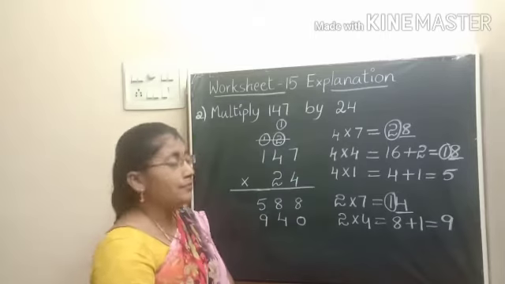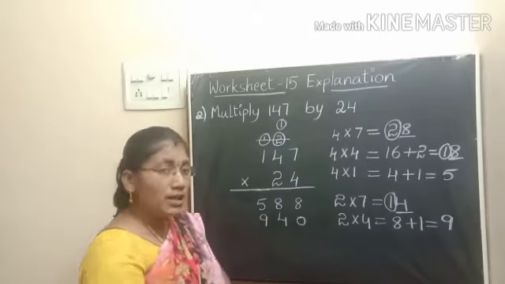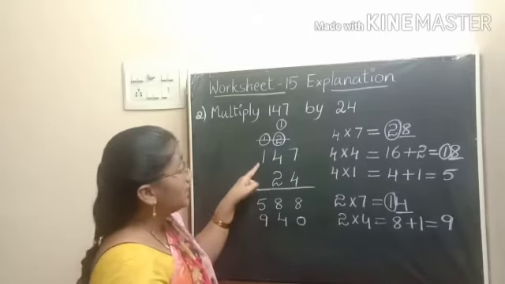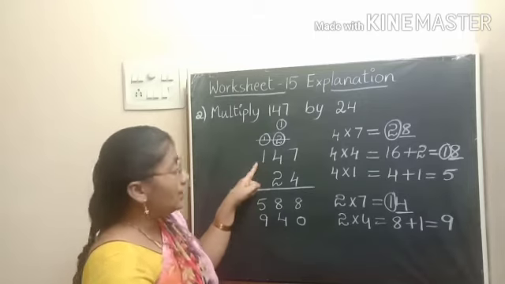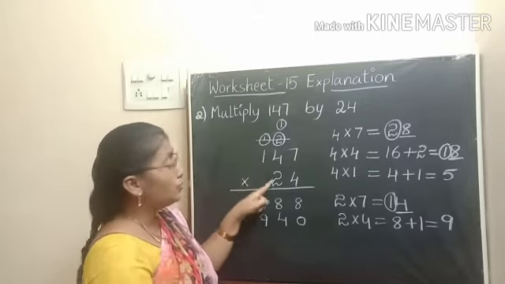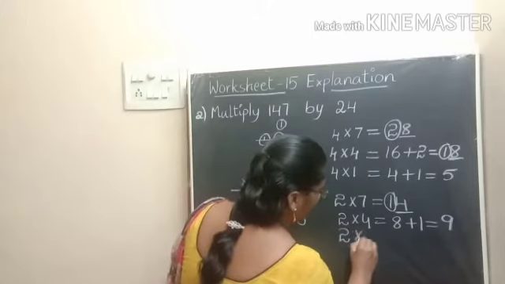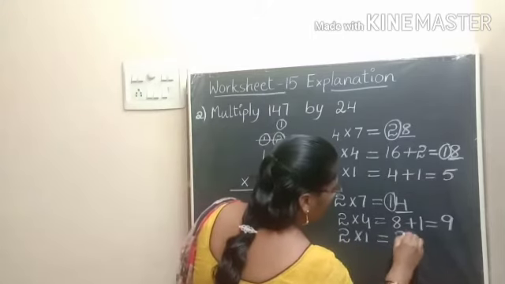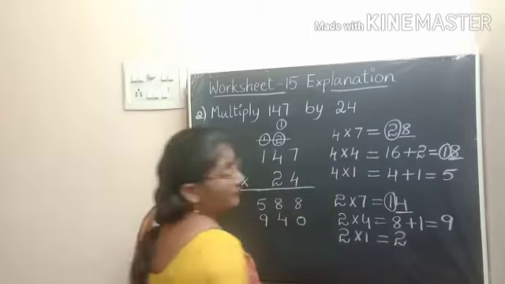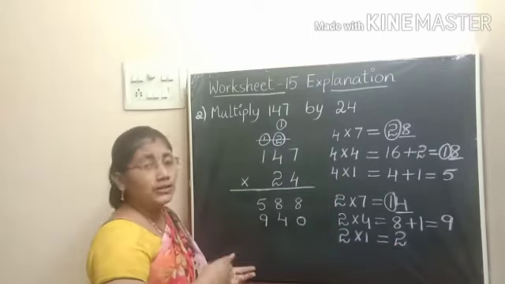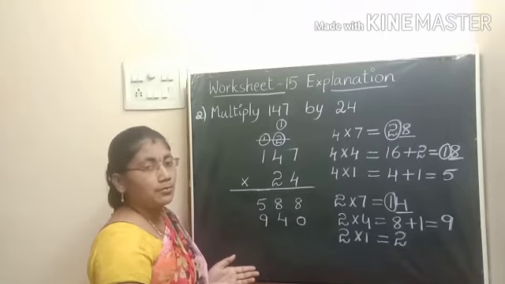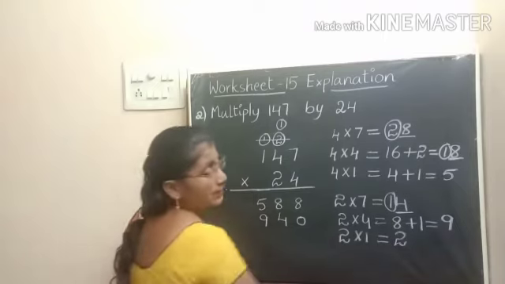Understood, children? Then we have to multiply the digit in hundreds place. So take 2 into 1. 2 ones are 2 because by multiplying any number with 1 we get the same number. So 2 is the result.